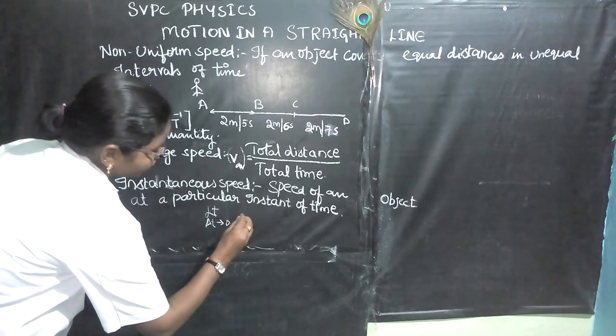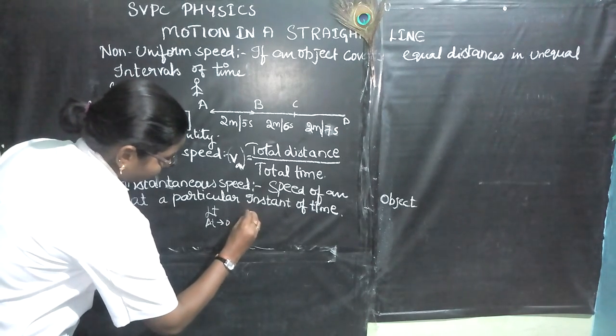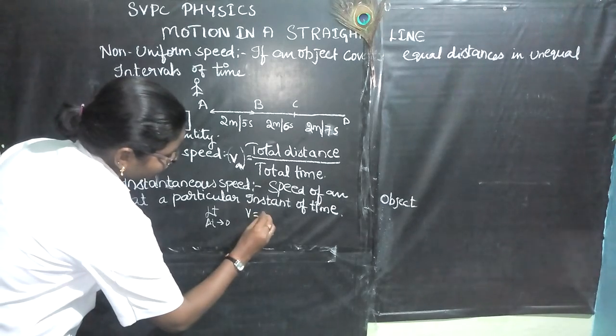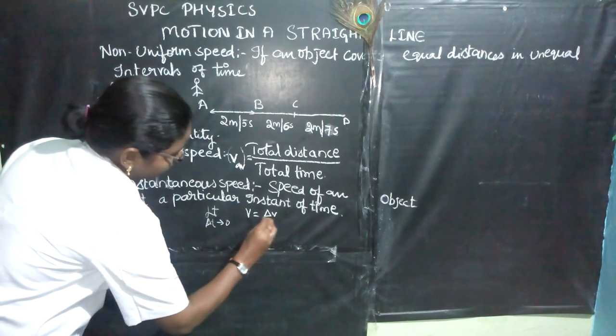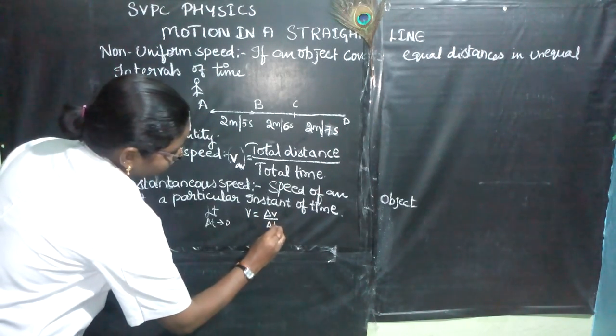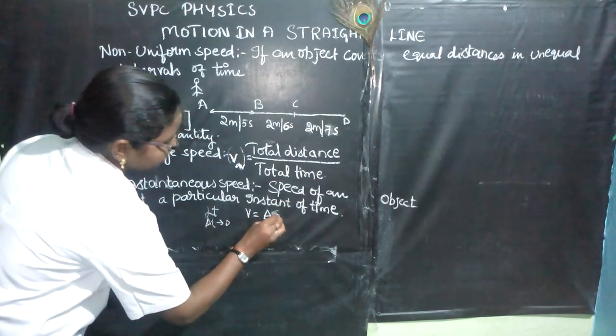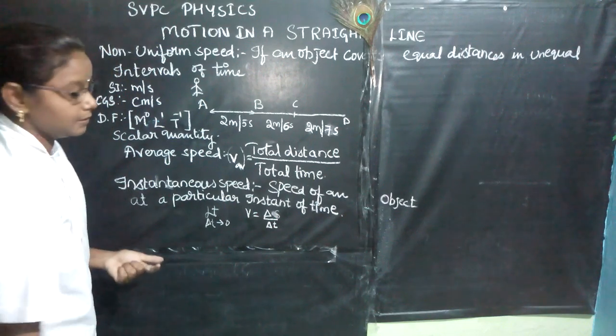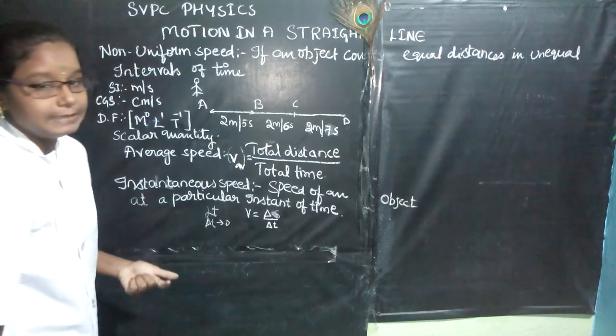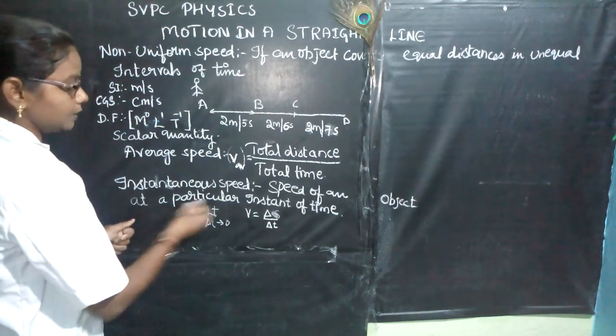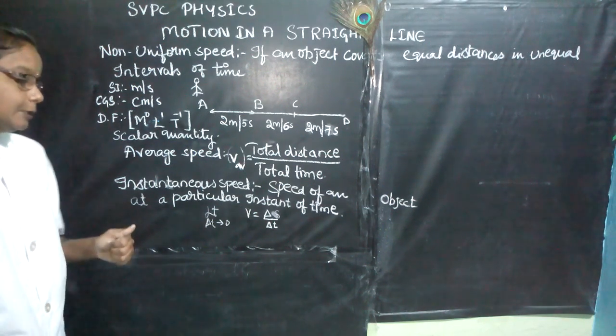Then V is equal to delta S by delta t, because we are representing distance with S. This is about instantaneous speed.